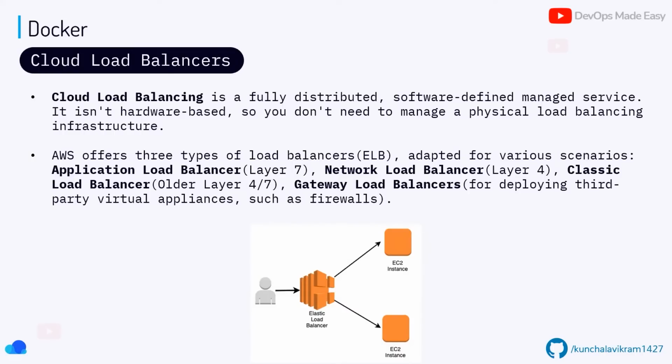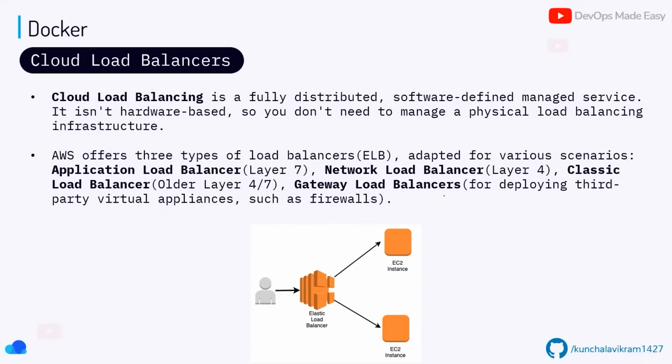So you also have cloud load balancers, which are fully managed load balancers by any cloud. Like in case you see the AWS, you have application load balancer, which ideally handles layer 7 protocols, network load balancer, which handles layer 4 protocol like TCP, and you have classic load balancer, which handles both layer 4 and 7.